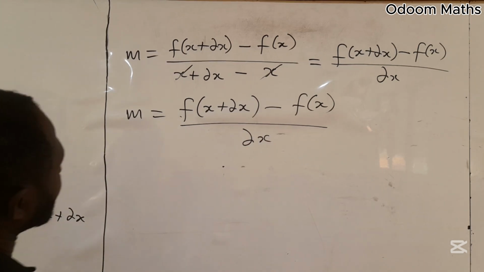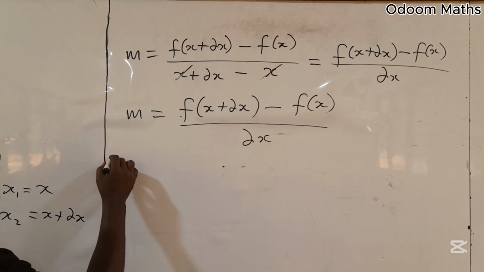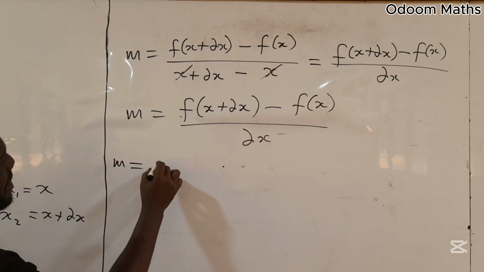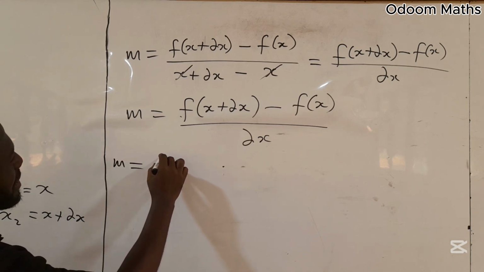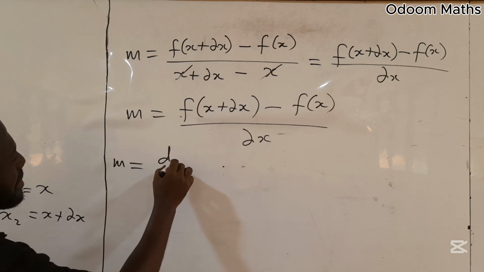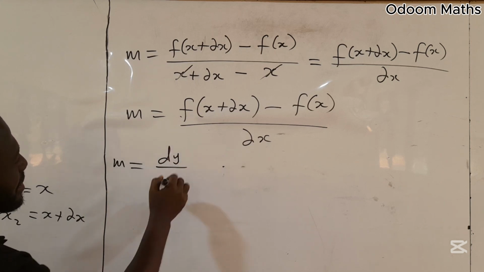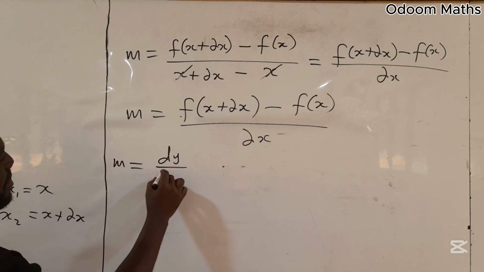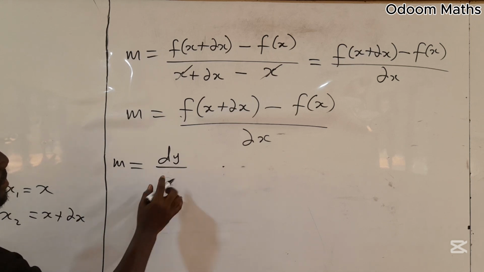Okay, so from here, my m, which is the same as the change, I'm going to call the change dy, that is rise over run, dx.